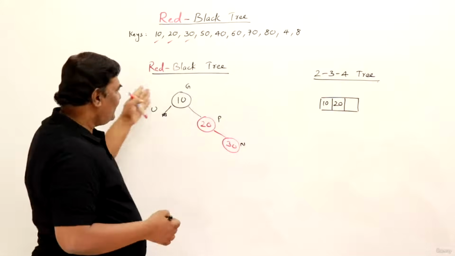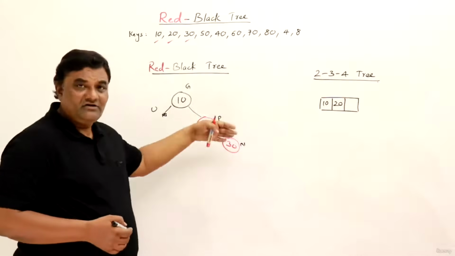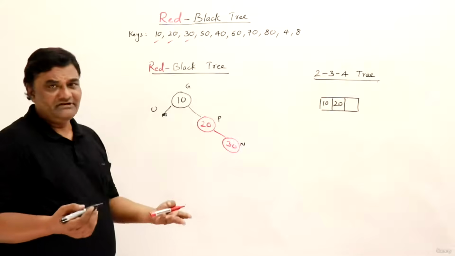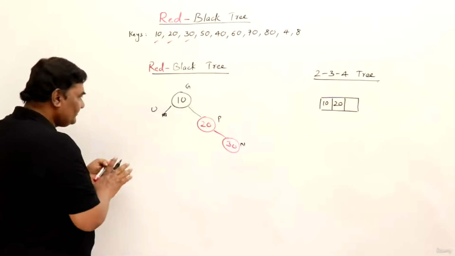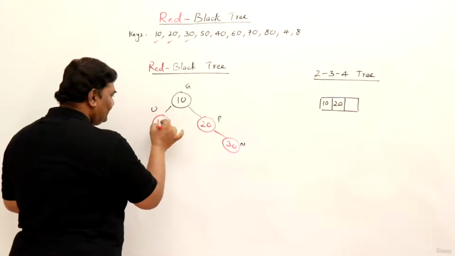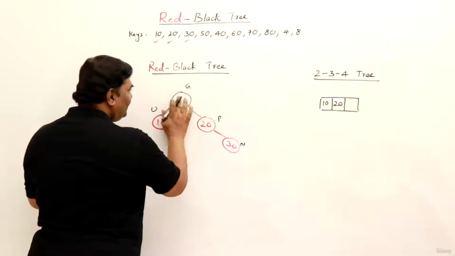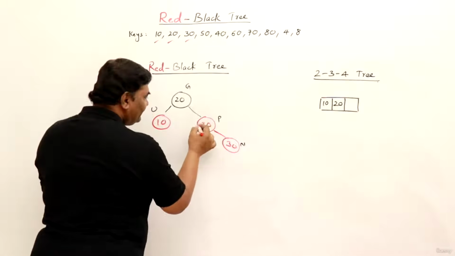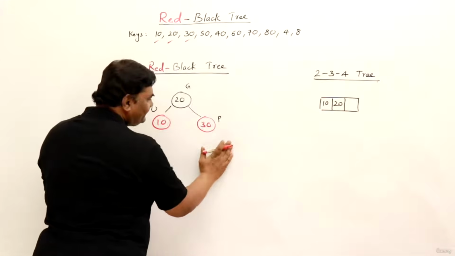Which rotation is required? RR rotation or left hand side rotation, or zig rotation, whatever name you like, you can take it. So how it looks, see, this 10 will come down and become red color, and 20 will move up and become black color, and 30 comes here, that is red color. So these are the changes.